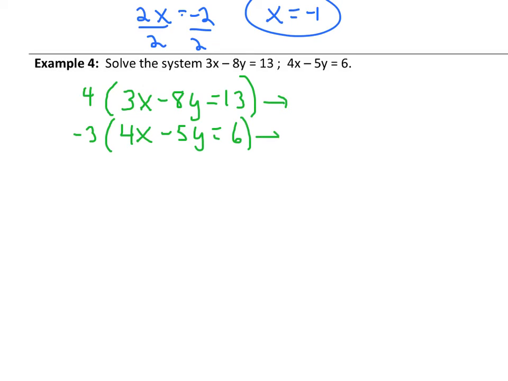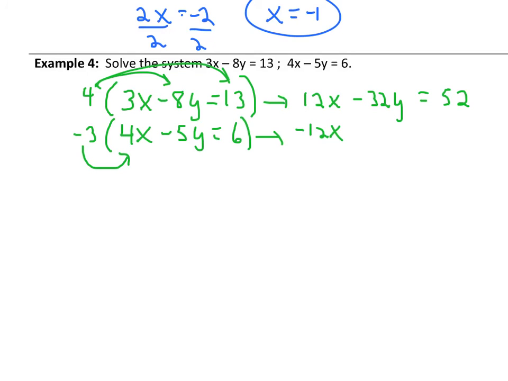So watch this. On the top, I do 4 times 3, which is 12x. And then I do 4 times the negative 8, which is negative 32y, equals, and then I do 4 times 13. 4 times 13 is 52. Then this equation I'm going to multiply by a negative 3, so I get a negative 12x.